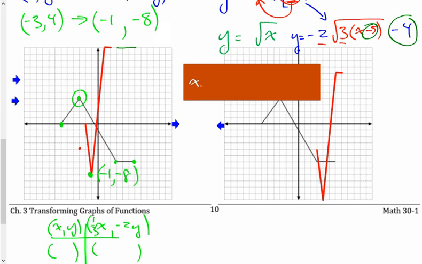So I'll have xy, what's happening to the x's, they're multiplied by 1/3, and then translated to the right by 5 units. The y values, reflected and stretched by a factor of 2, and then translated 4 units down.